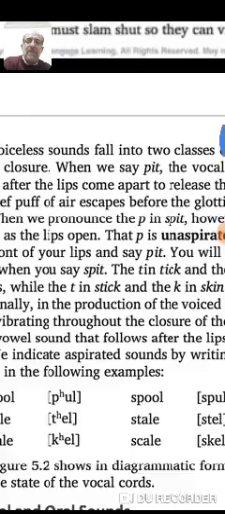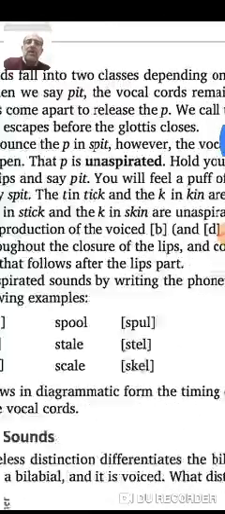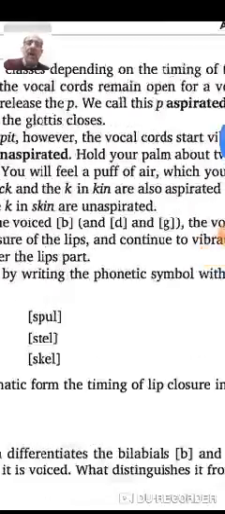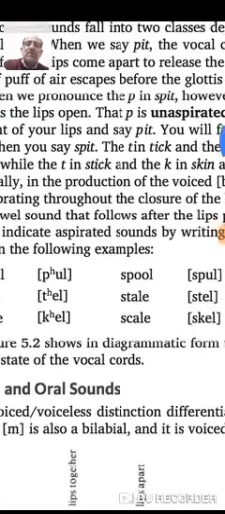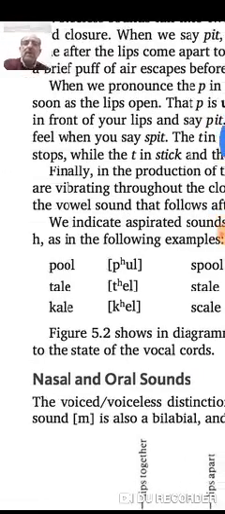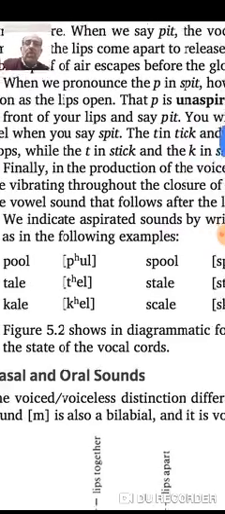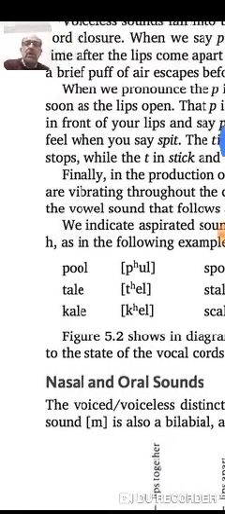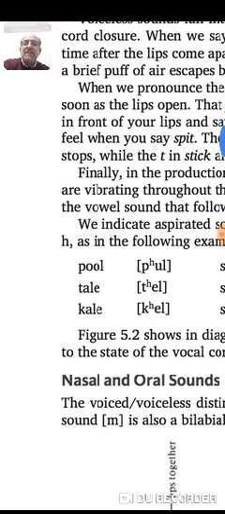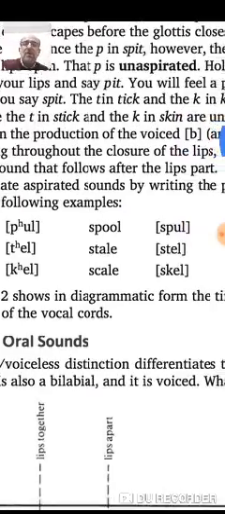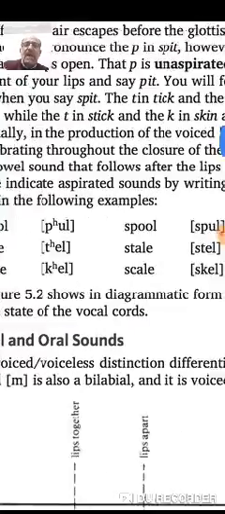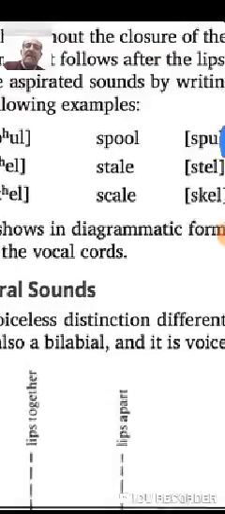Aspirated, unaspirated. Go to page 193 and there's a list of words here. Line 1 is pool, line 2 is spool. To the left we have tail, and to the right we have stale. To the left we have kale, and to the right we have scale.